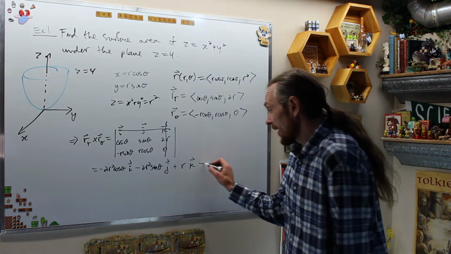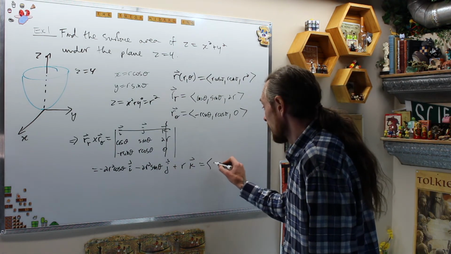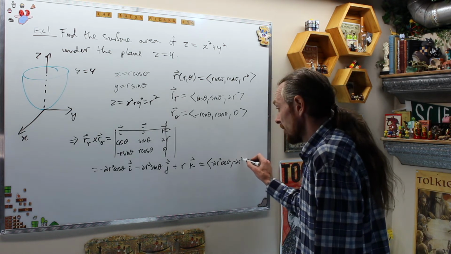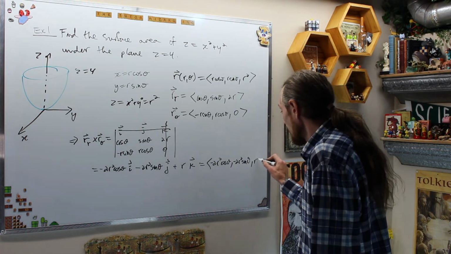What does that give me? That gave me the vector negative 2r squared cos theta, negative 2r squared sine theta, r.